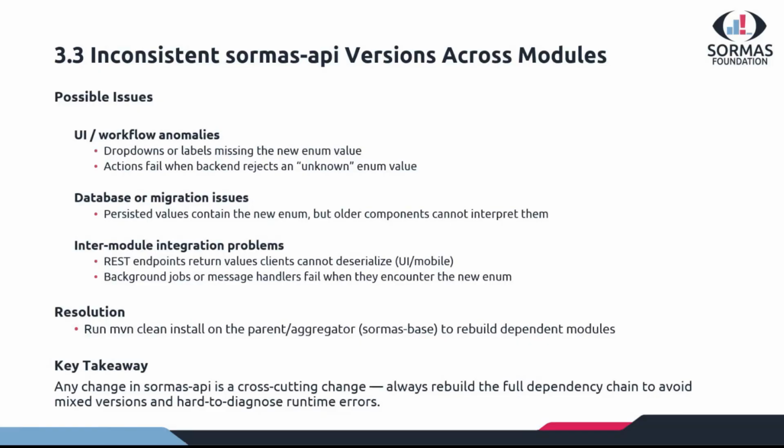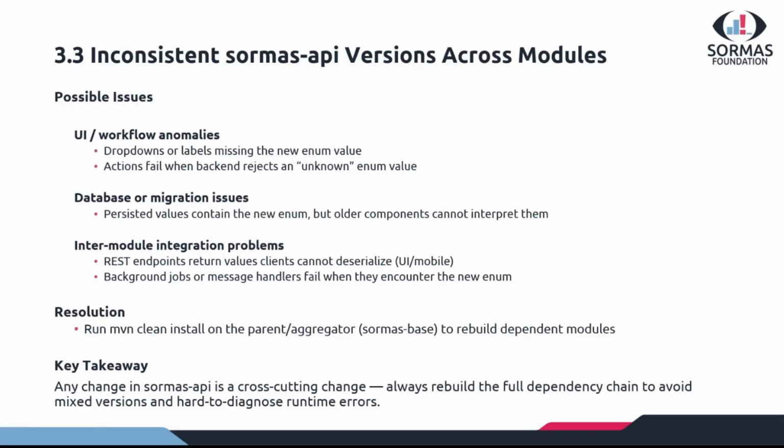So how to solve this problem? Why we took time here is because this is the cause of a lot of errors, no field, no such method. These are common things that arise in the log file. And to solve this, anytime you edit anything in the SORMAS API module, run a maven install in the SORMAS-base directory.